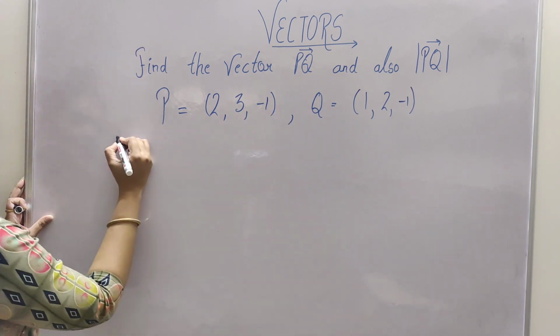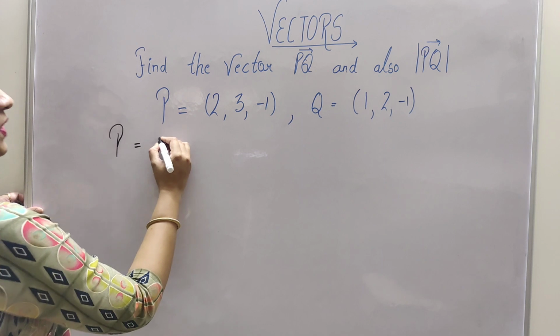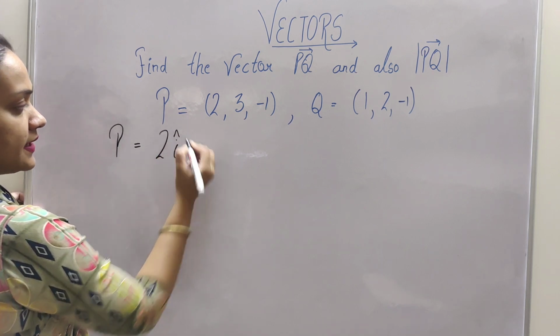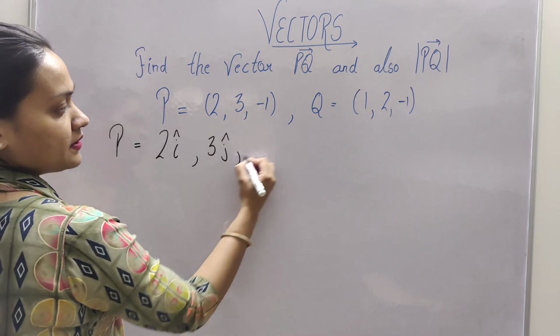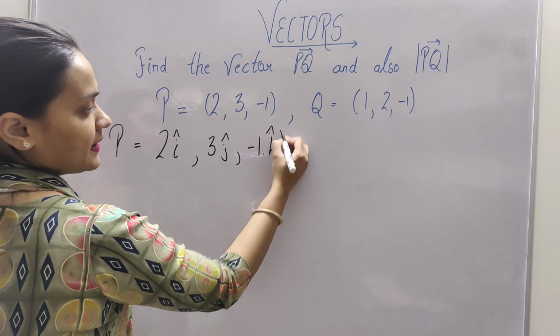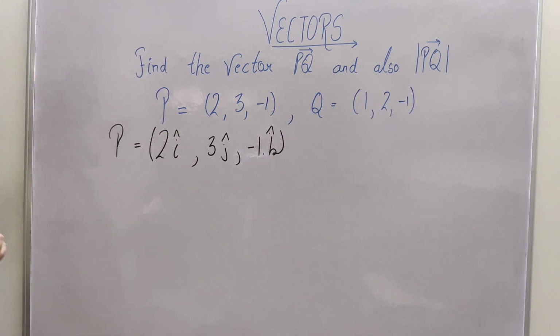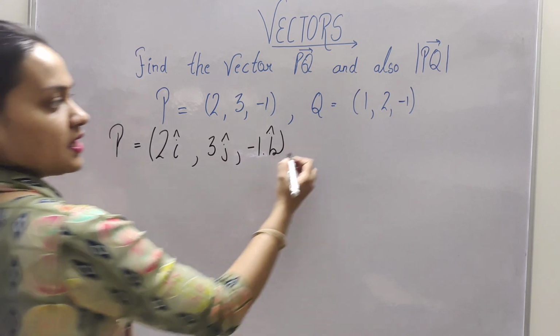write these points as P is equal to 2i cap plus 3j cap minus 1 into k cap. So you have to do like this, i, j, k.